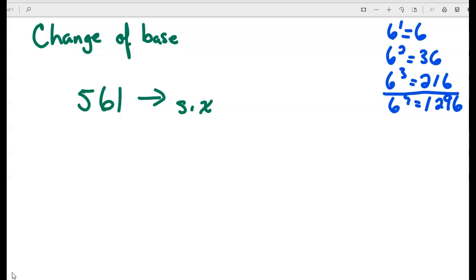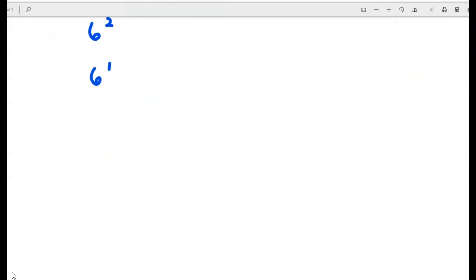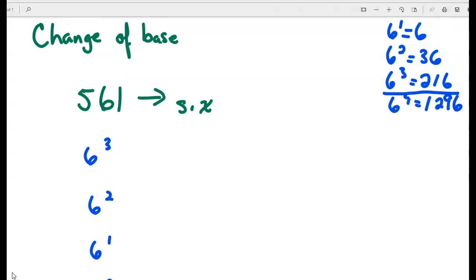So I'm going to start with 6 to the third, and I'm going to have a 6 squared, a 6 to the first, and then I will also have a 6 to the 0, where we get there. Now what we're doing is finding out how many times 6 to the third power will go into 561.